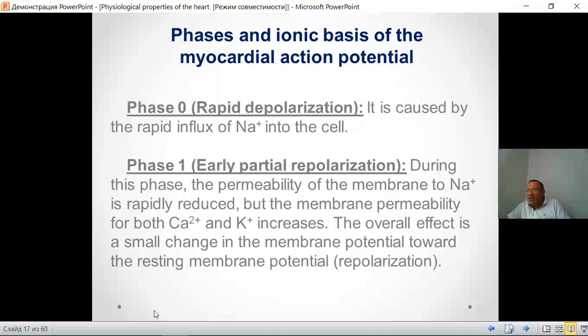Transmembrane potential is now slightly positive. Some potassium channels open briefly and an outward flow of potassium ions returns the transmembrane potential to approximately 0 millivolts.